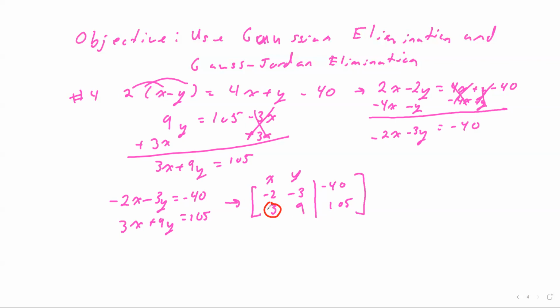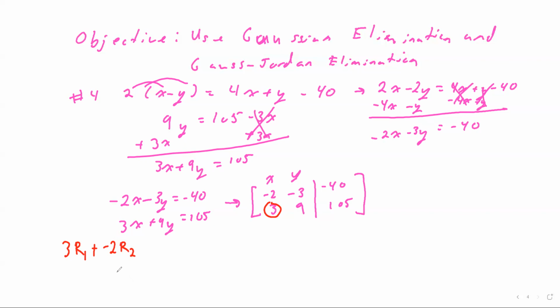I'm basically going to take this number and multiply row 1 by it. So that'd be 3 times row 1, and then add it to the multiplication of this guy to row 2. So again, I'm going to take 3 times row 1 plus -2 row 2.